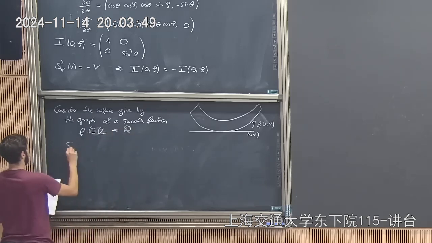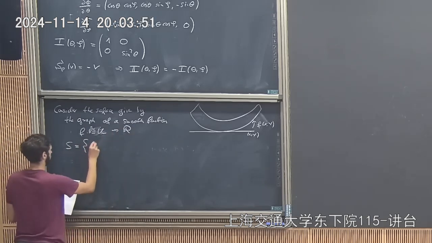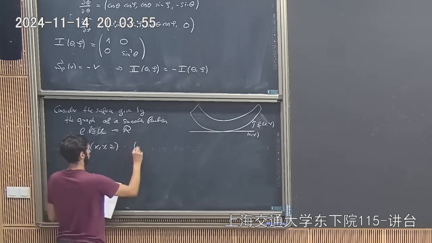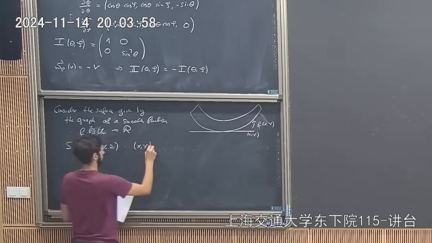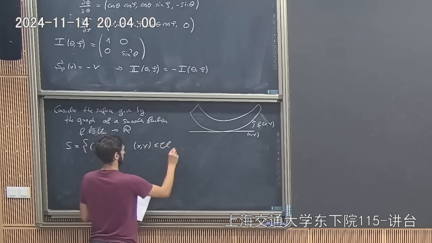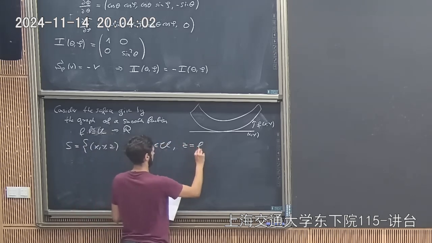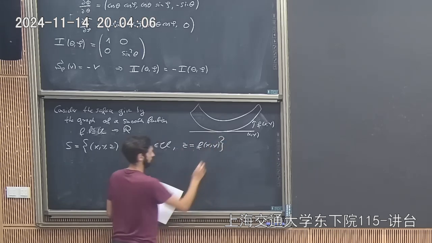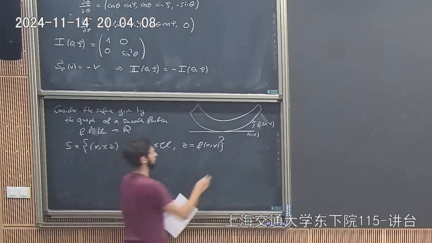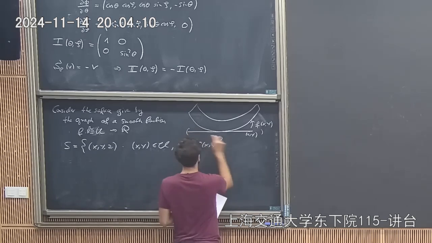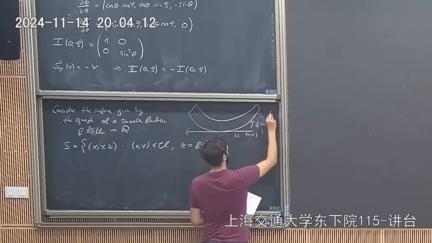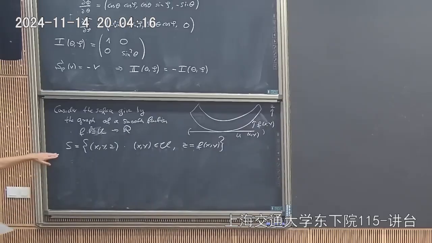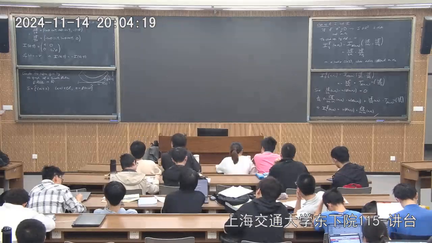So we look at the following surface, which is (x, y, z), where x and y are elements of U, and z is given by the graph, f of x, y. Here we have some open subset, and that one gives us the z direction. So that's our surface that we look at.